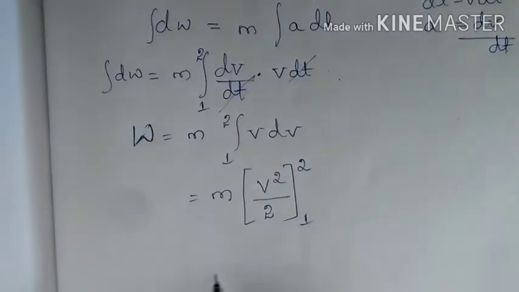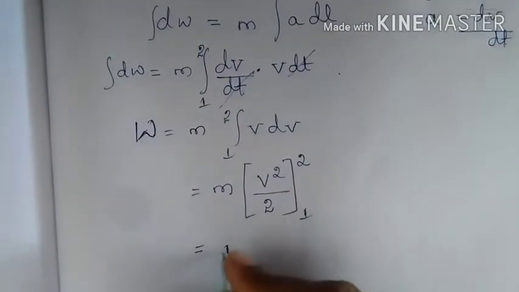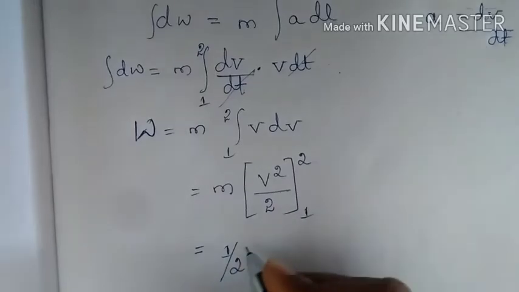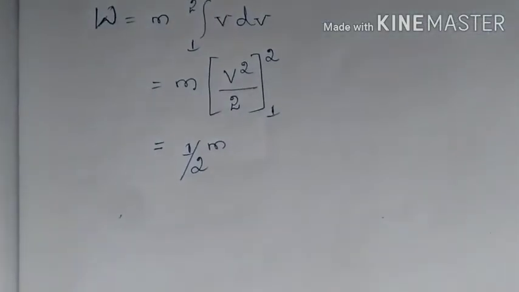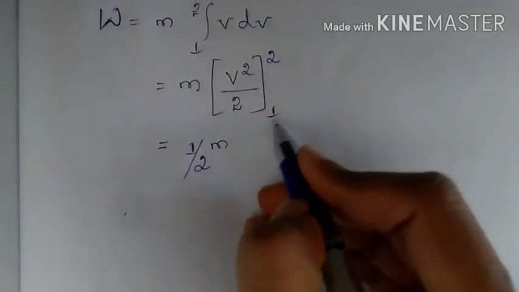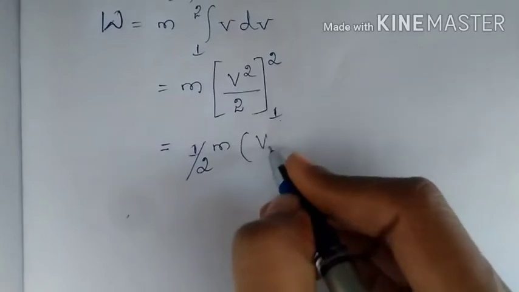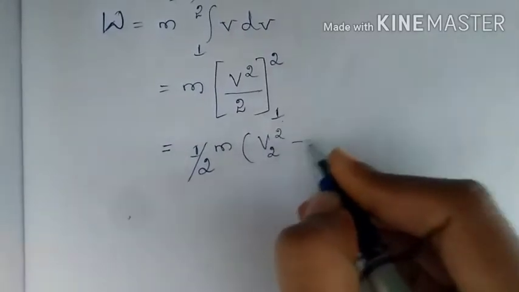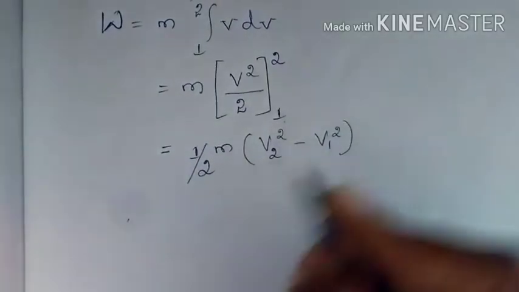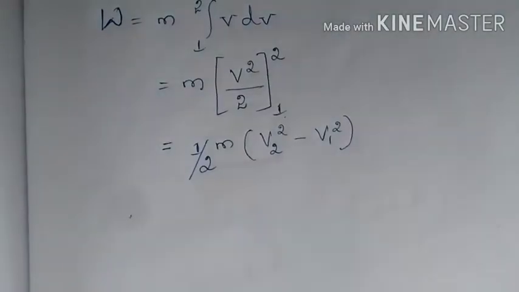So half m. Let us substitute the limits: final limit minus initial limit, so v2 square minus v1 square. This is what we got from the integration.